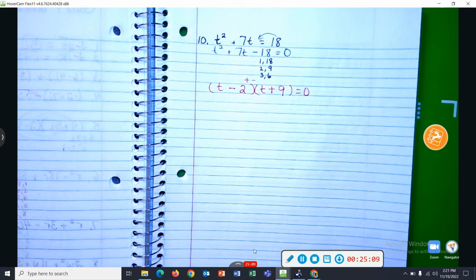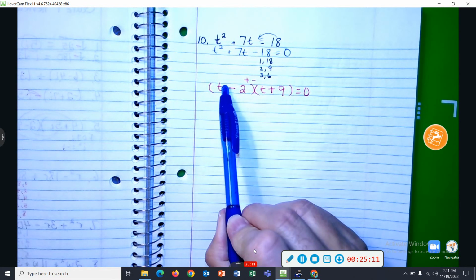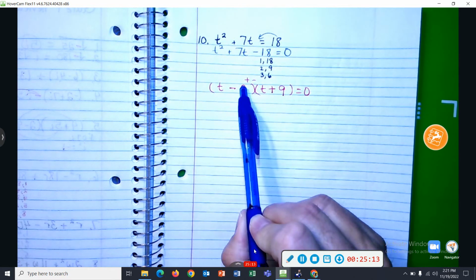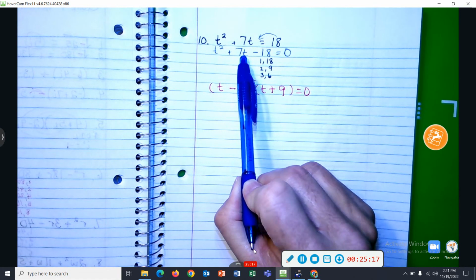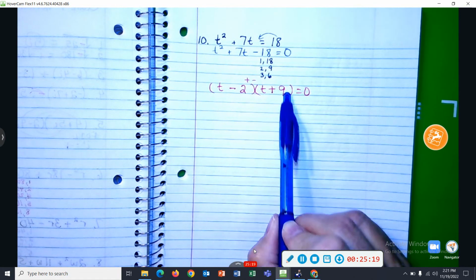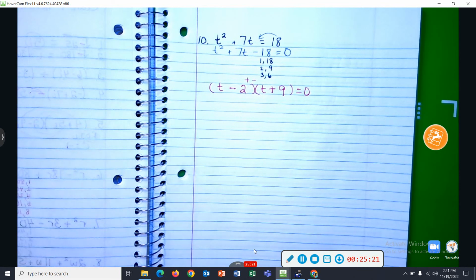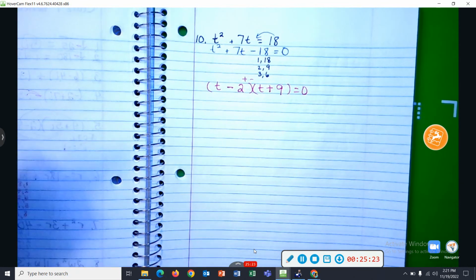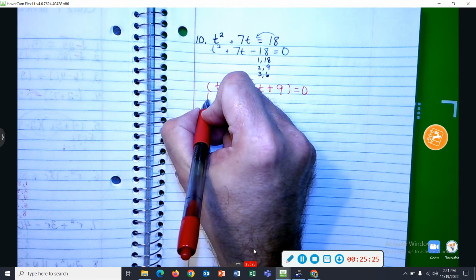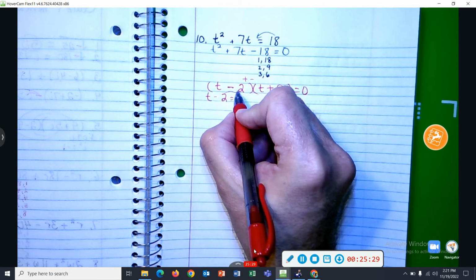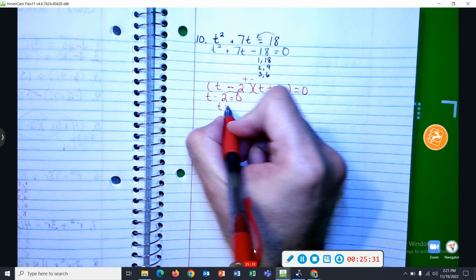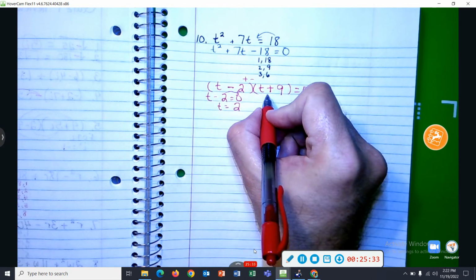If you FOIL that out, we'd have a t squared plus 9t minus 2t. 9 minus 2 gives you the 7t, minus 18. Then set each one of these factors to 0, and we get t equals 2.